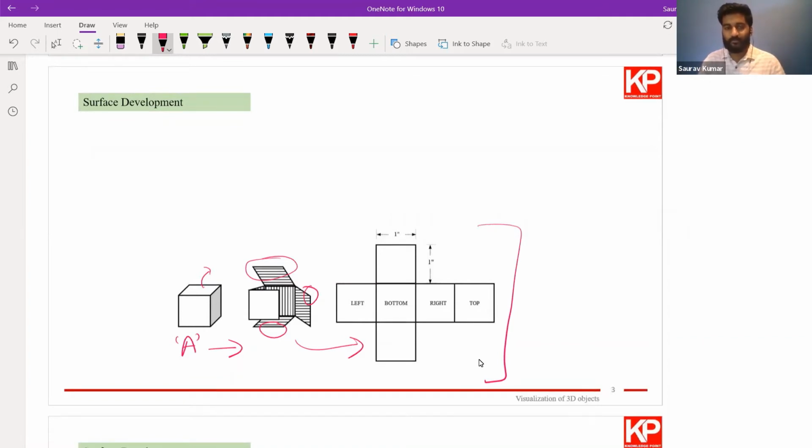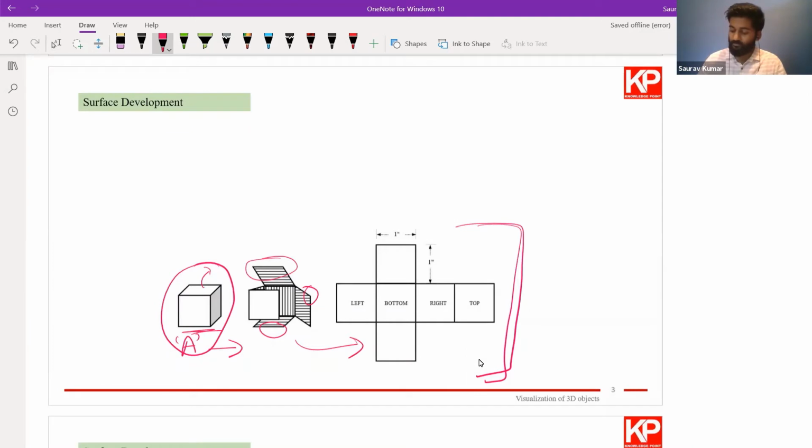You can simply think of whenever you bought a cake or something for your birthday, it comes in a box like this, right? But this box is made by such kind of layout.